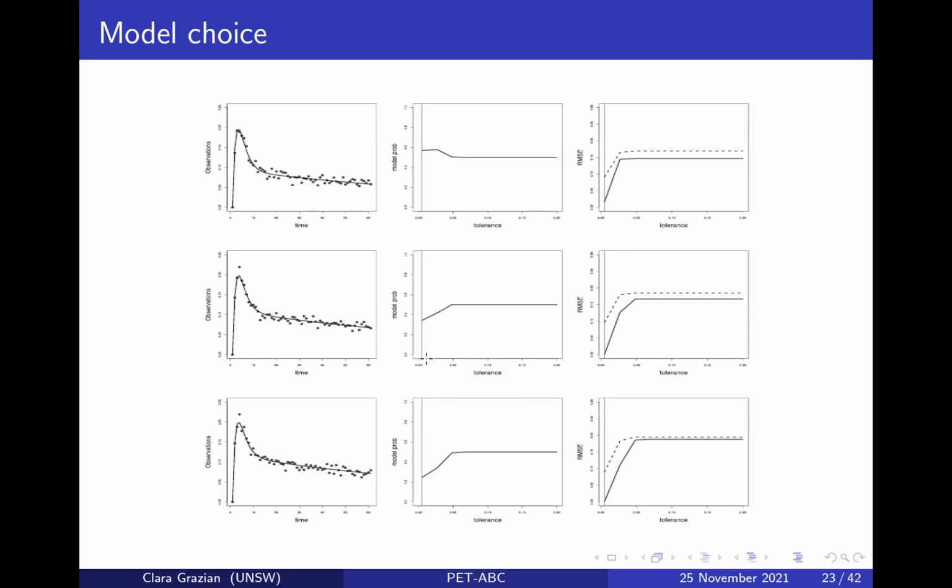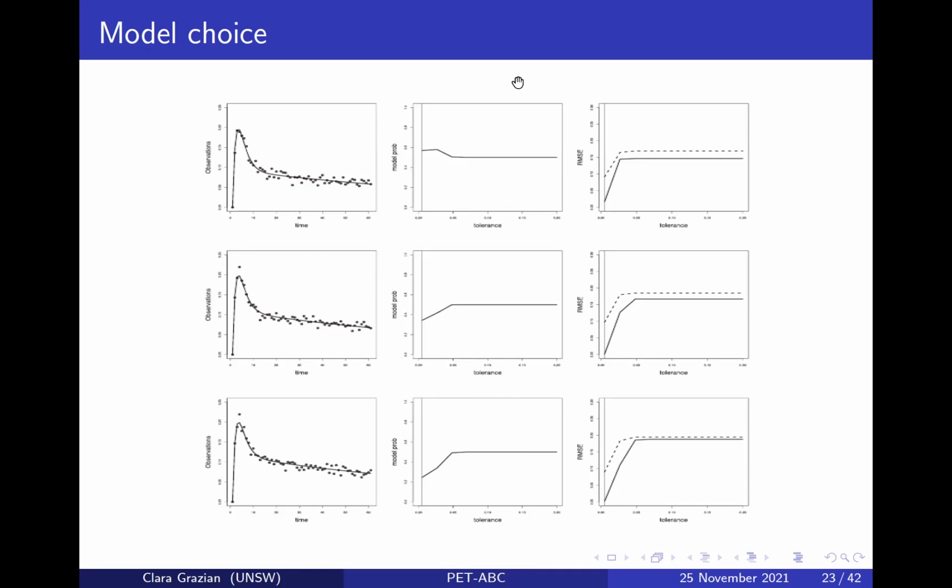So what I'm trying to show in this slide is that it is possible to estimate the time activity curve in the presence of noise, but also to perform model choice by looking at the posterior probabilities of the two models.